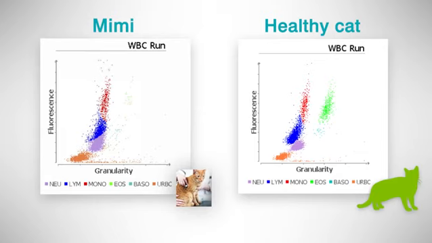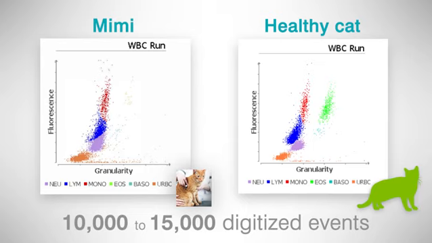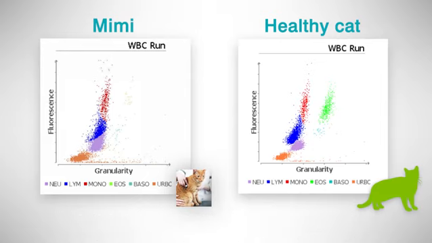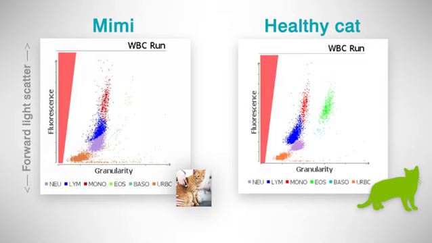Here, we're looking at a white blood cell dot plot where between 10,000 and 15,000 individual white blood cells are characterized by their nucleic acid content and selected morphologic features. Each leukocyte's fluorescence is measured and displayed on the y-axis of the dot plot. The greater the amount of RNA and DNA, the higher the digital signal of the white blood cell travels on the y-axis.